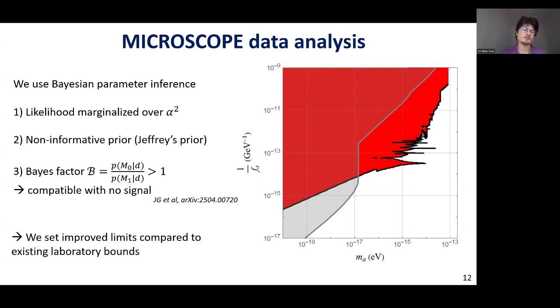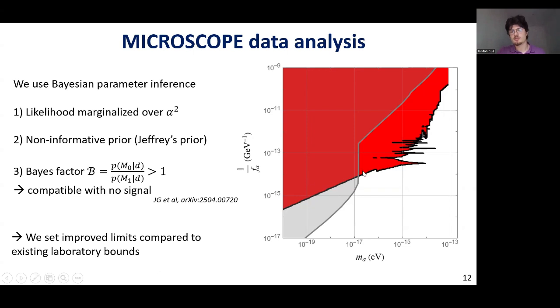And finally, of course, we computed the Bayes factor, considering on one side a model with no axion-gluon coupling, and on the other side, of course, our model of axion-gluon coupling. And in this case, the model without coupling is preferred, so it's compatible with no signal. And so it allowed us to set new limits on this axion-gluon coupling.